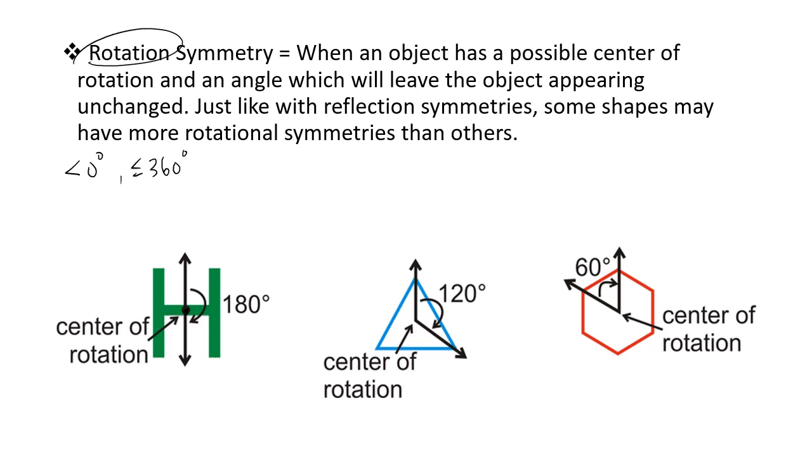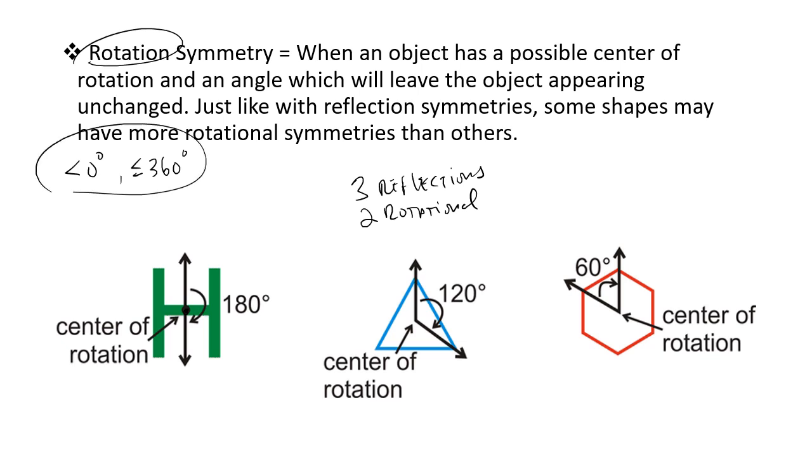And that might seem silly, but if we were to take, say, this triangle and not include either the 0 or the 360, we would notice that it has 3 reflection symmetries, and then if we throw out the 0 or 360, it would only have 2 rotational symmetries. And that seems silly to have a triangle, an equilateral triangle specifically, with 2 symmetries instead of 3.